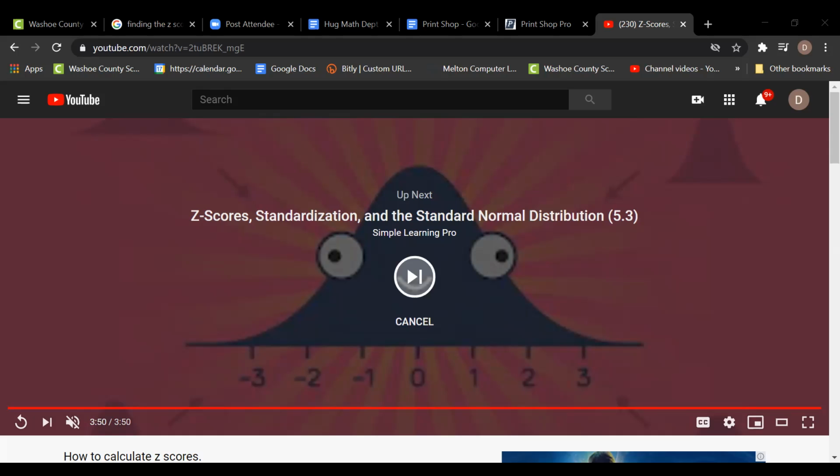This is a little bit opposite of before, because you're trying to find x. So you would have to do a bit more algebra for this question.